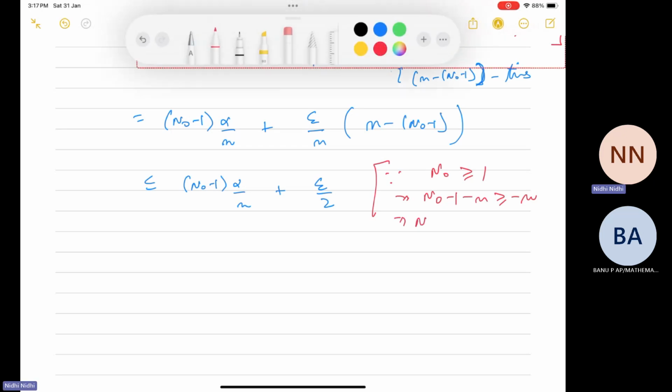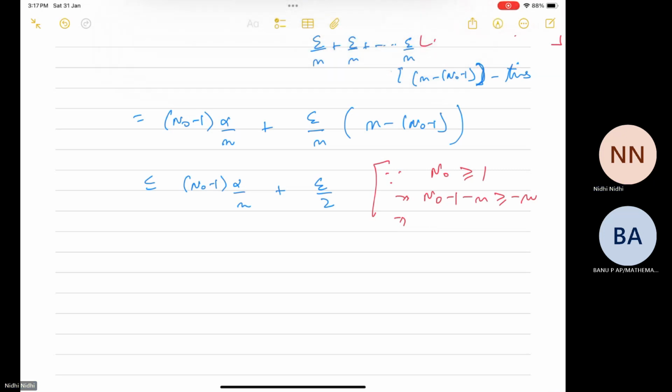So this will be n minus n naught minus 1. So basically multiplying by minus 1, the inequality will interchange, less than or equal to n. So n minus n naught minus 1 by n will be less than or equal to 1.